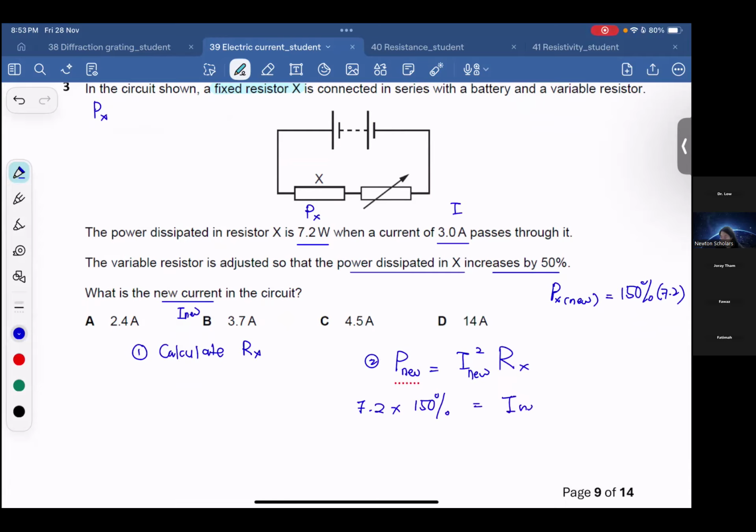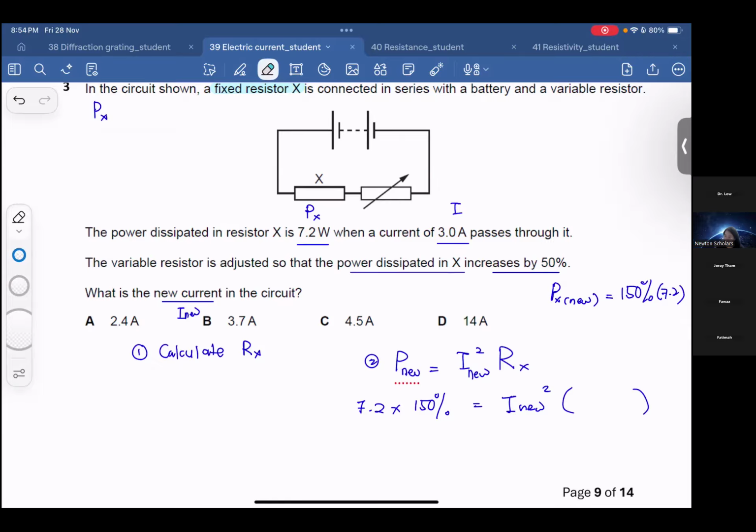What is your new I? Rx is all the time the same, so you find the Rx first. Fawang correct. Jore no. Taichen correct. Prasan correct. You forget to square root it. Okay.